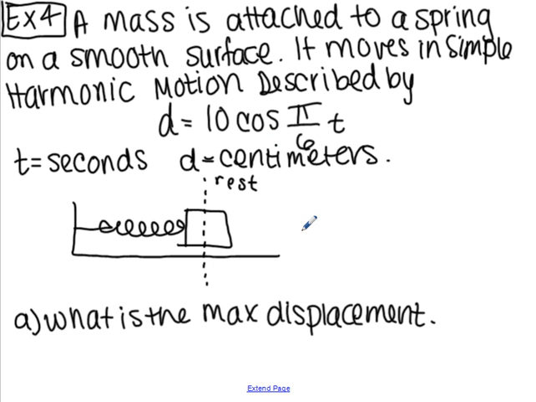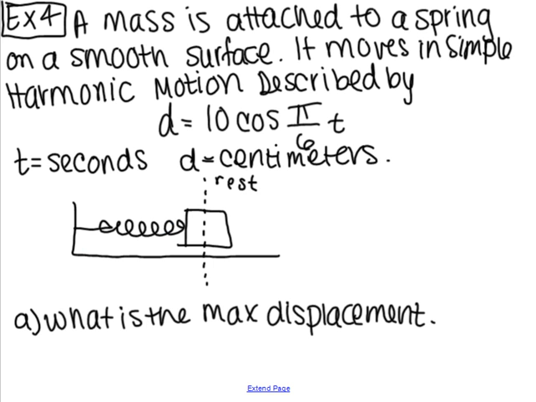It can be pulled out to the right and then released, where it makes this back and forth motion, or it can be pushed in and released and have again back and forth motion. Since it's positive 10, I'm going to assume that we're pulling it out this way and releasing it, because this direction is positive and this direction is negative.